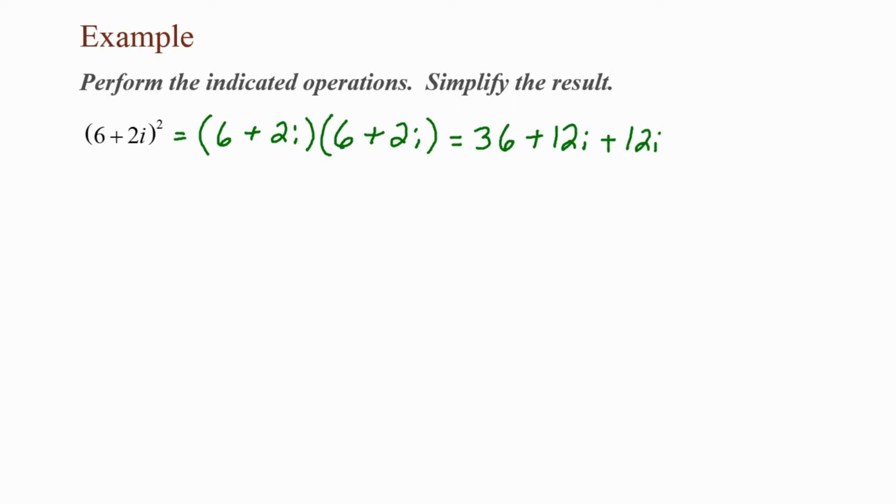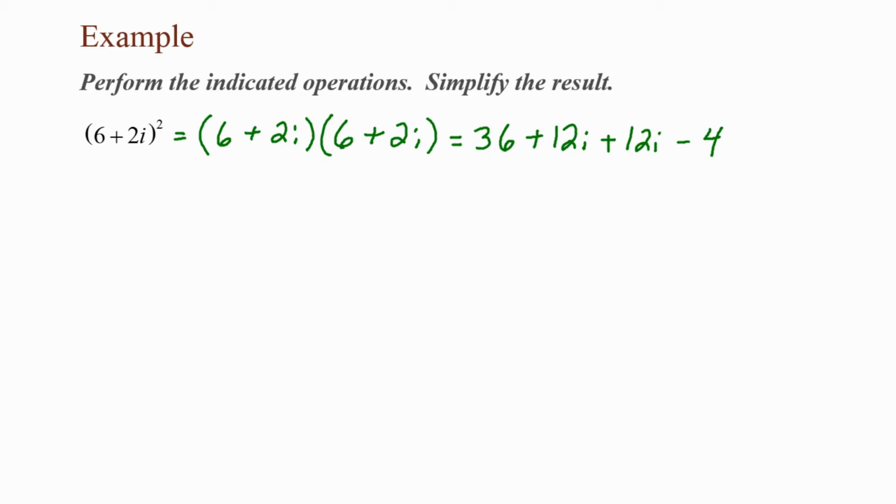And 2i times 2i is a negative 4. Remember, 2i times 2i would equal 4i squared. i squared is the same as negative 1, so 4 times negative 1 would give me negative 4.